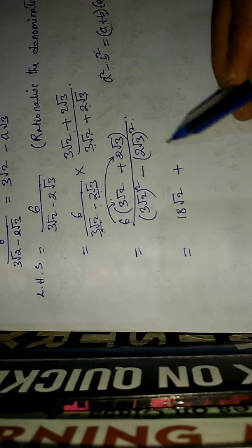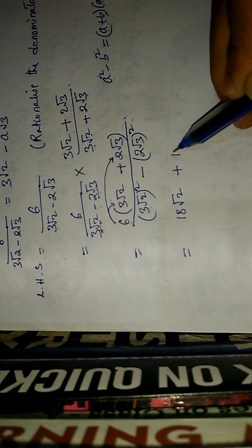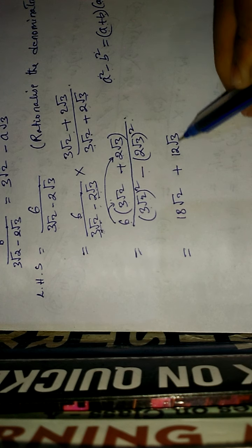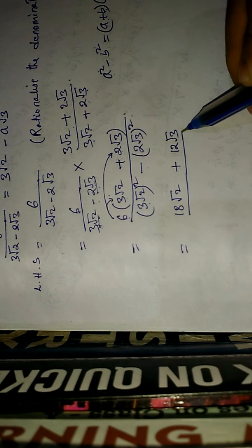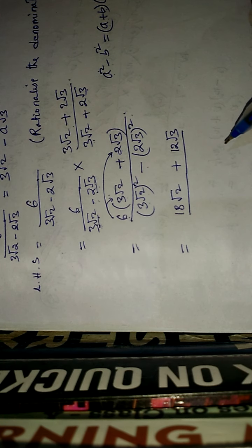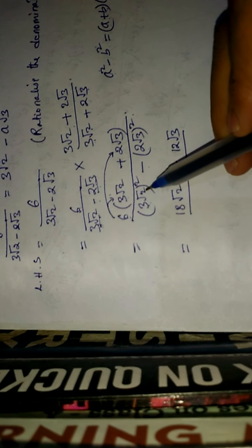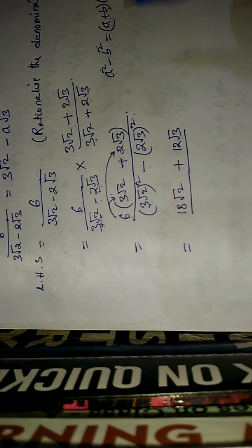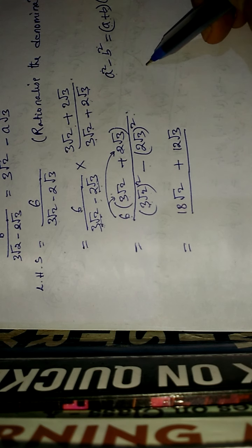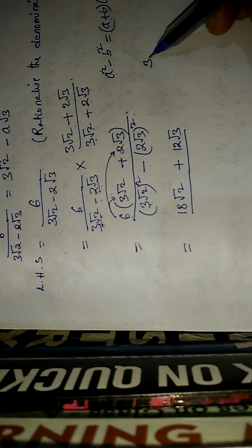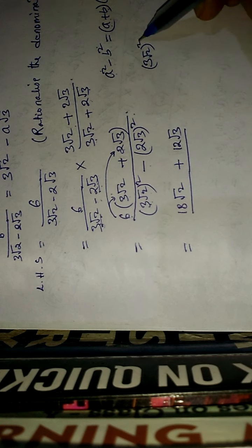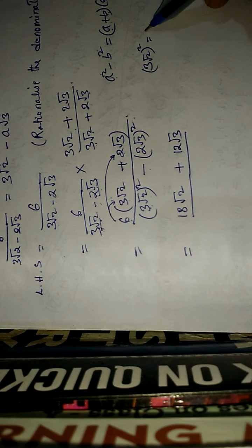Okay, then the denominator here, you have to remember that you have to take the square of this 3 root 2 and then this one also. 3 root 2 square is equal to 3 3s into root 2 square also.